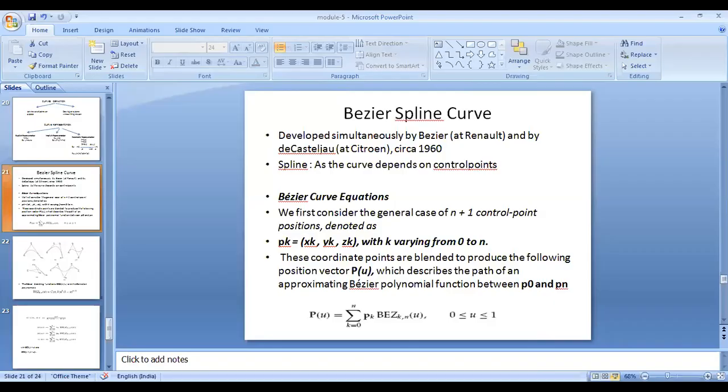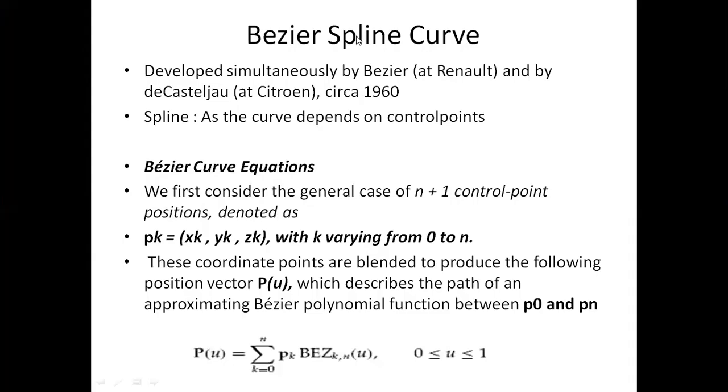Spline is nothing but this: if a curve depends on control points, such types of curves are called spline curves. This special type of spline curve was invented by Bezier, and hence it was called the Bezier curve.